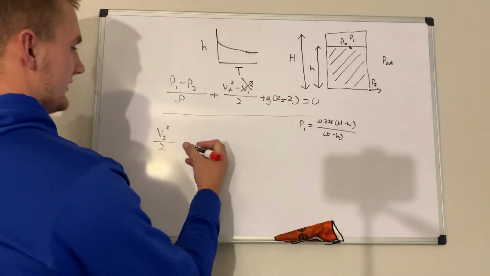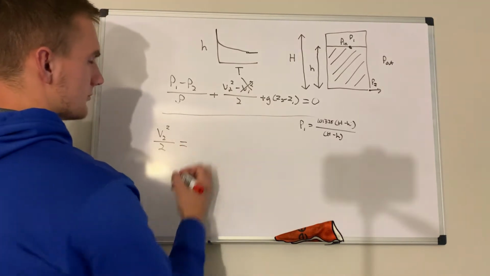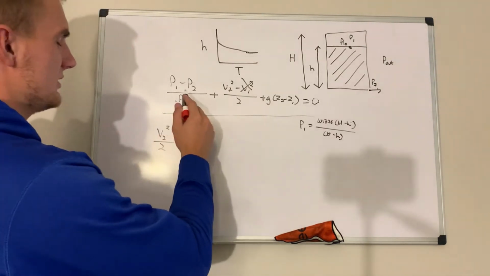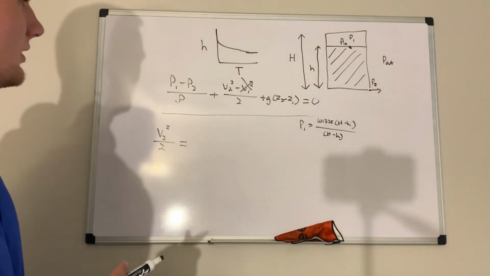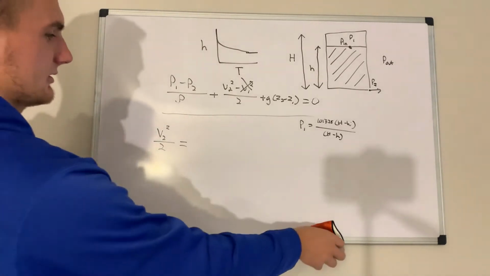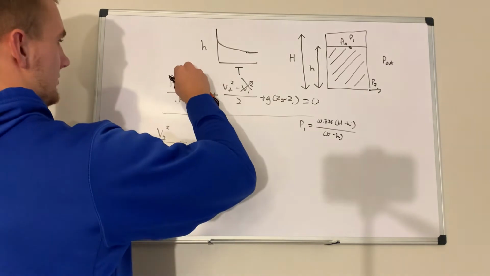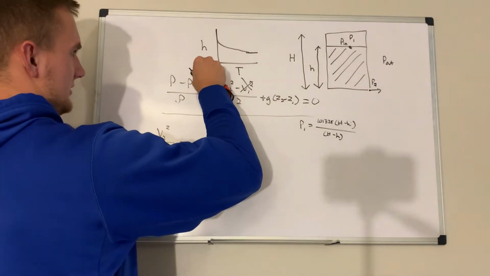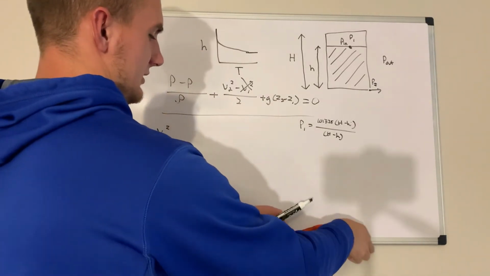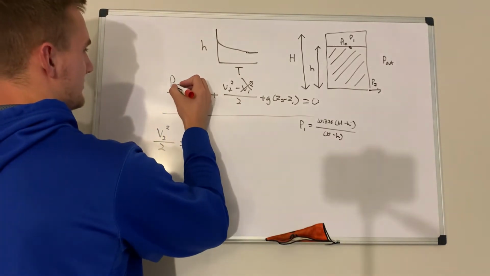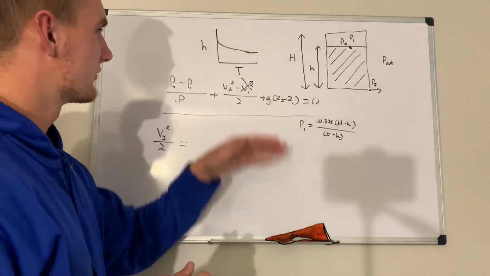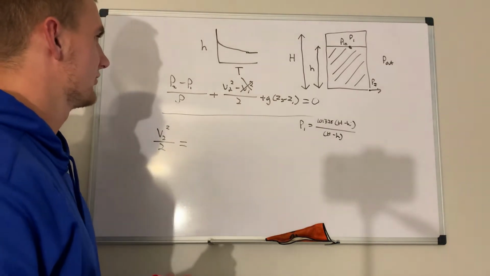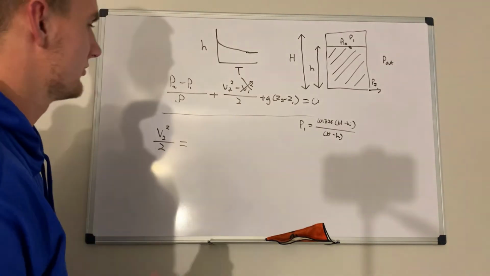So solving here for V2, bringing this P1 minus P2 here, I actually think I put this wrong. Hopefully I'll go back and make a note in the video, but this is P2 minus P1. So when we bring this over to the other side, it will actually turn into P1 minus P2.